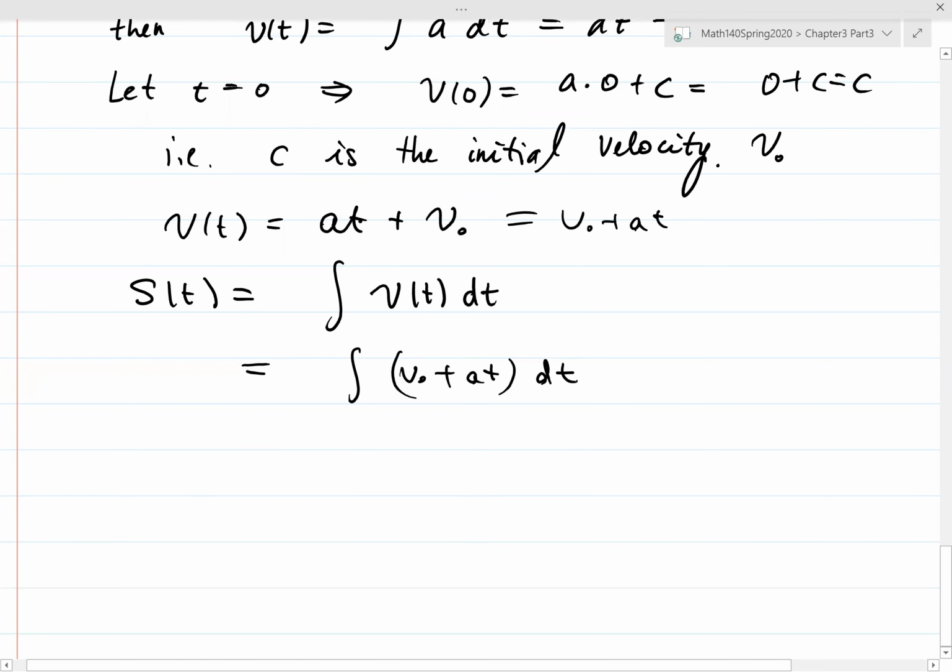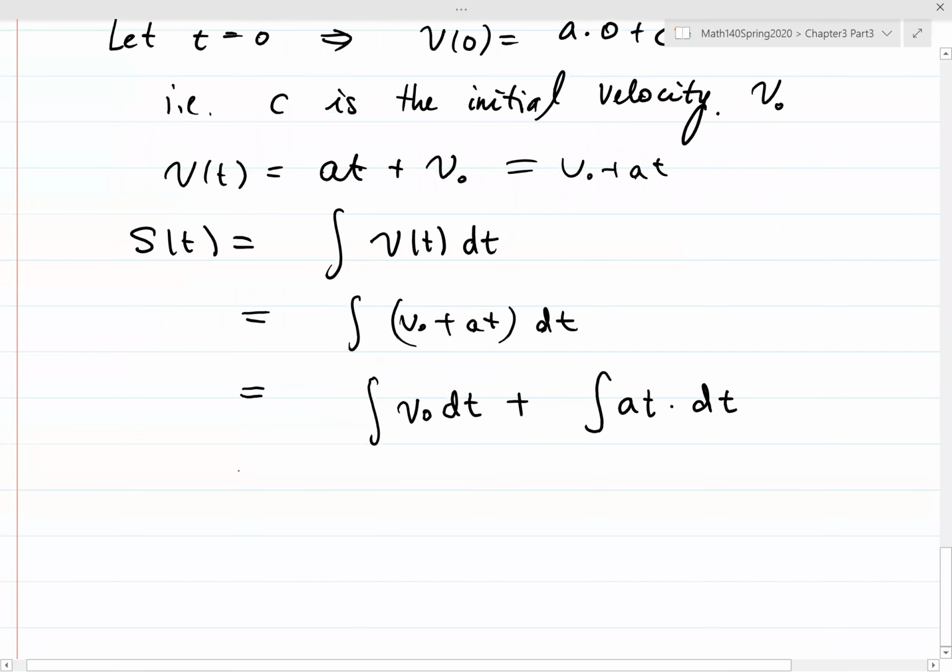Now if you distribute, v0 is the initial velocity, so it's a constant. So it's the integral of v0 dt plus the integral of at dt. A is constant, so the antiderivative of v0 is v0 times t.